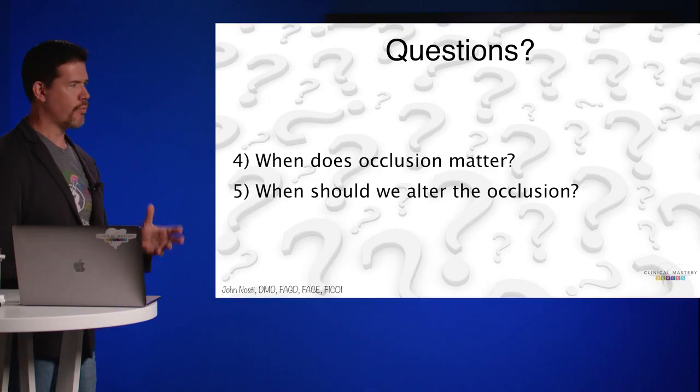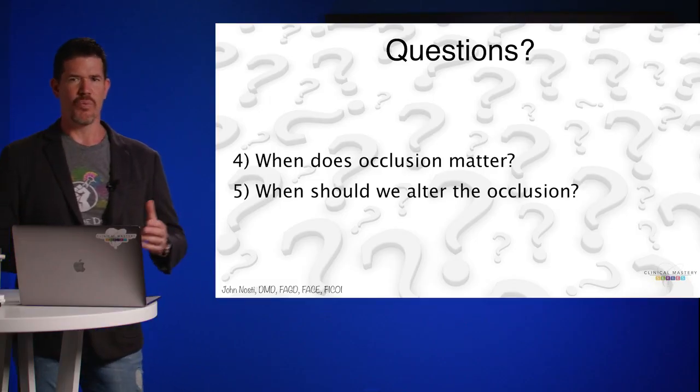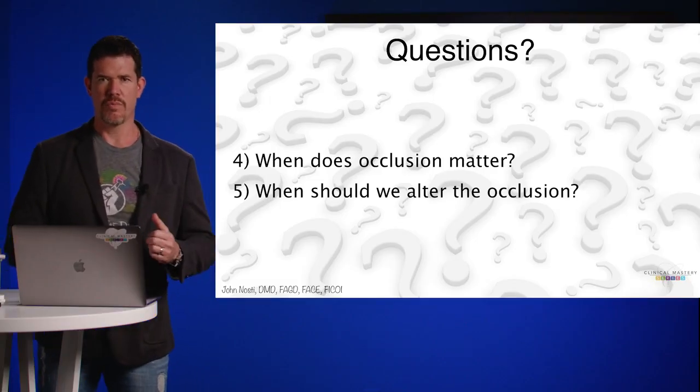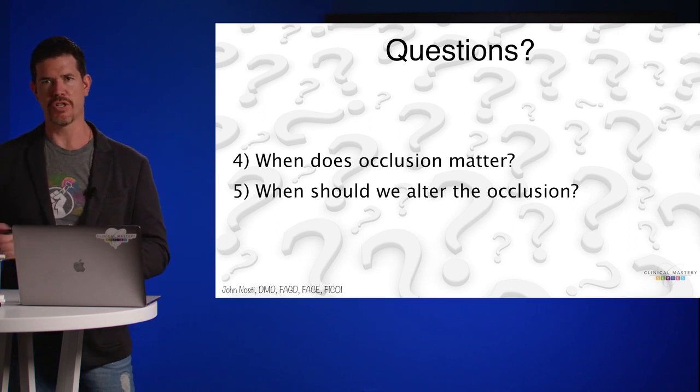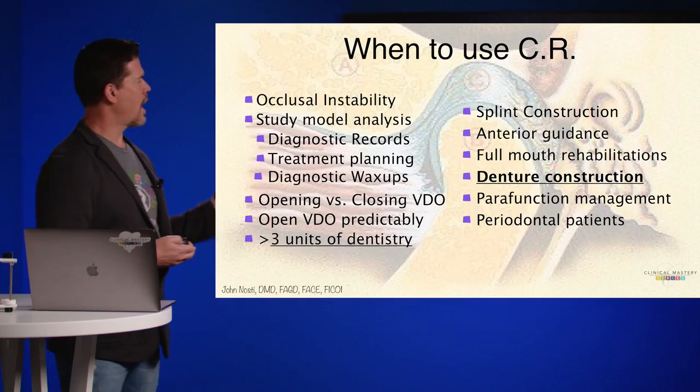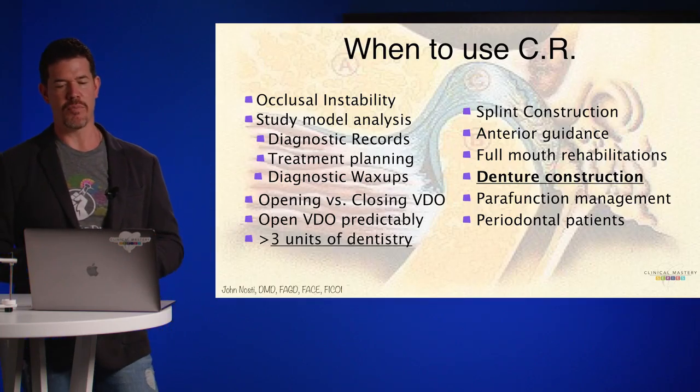So, when does occlusion matter? If we know that we don't touch our teeth when we chew, and that it's under parafunction, that's the big concern. Then the next question is, when does occlusion matter and when will we alter the occlusion? Great question. This is when I use CR in my private practice.